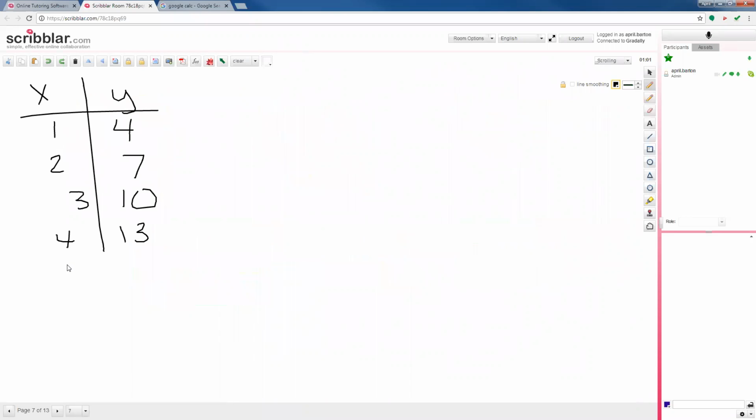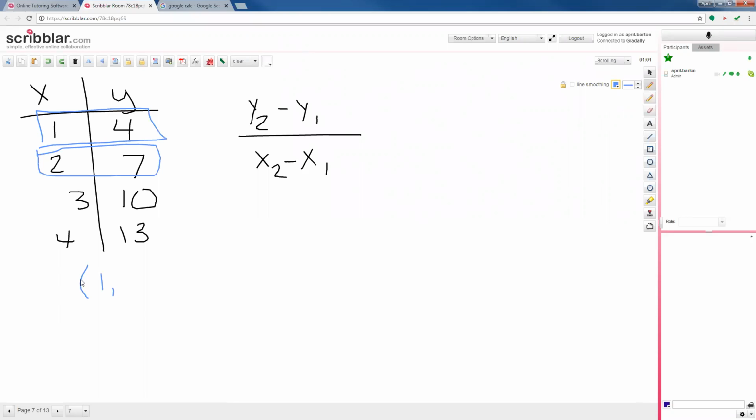So if you're given a table, you're still using the y2 minus y1 over x2 minus x1. But they've given you extra points. You have extra information. We're going to just pick 2. And usually I just pick the first and the second. These are actually just coordinates. It's the coordinate 1, 4 and the coordinate 2, 7.